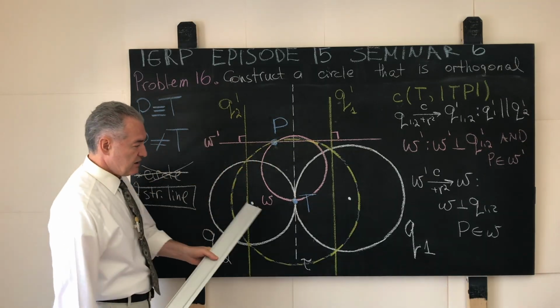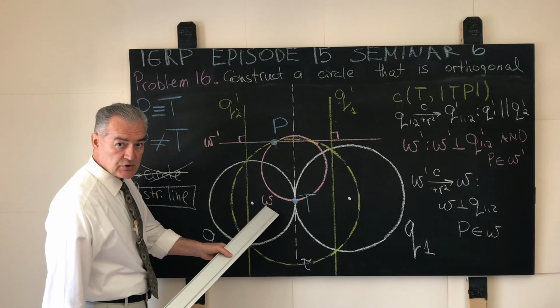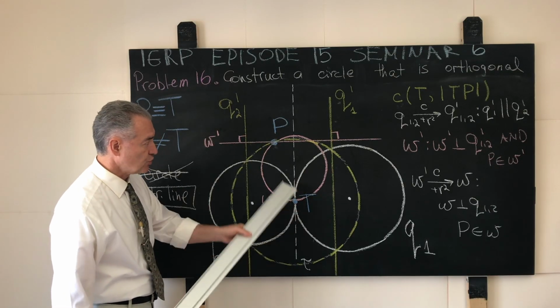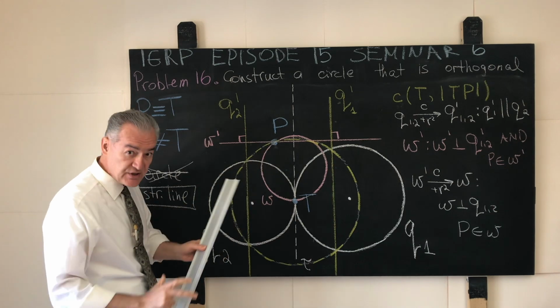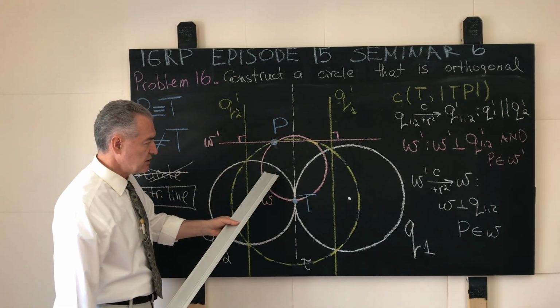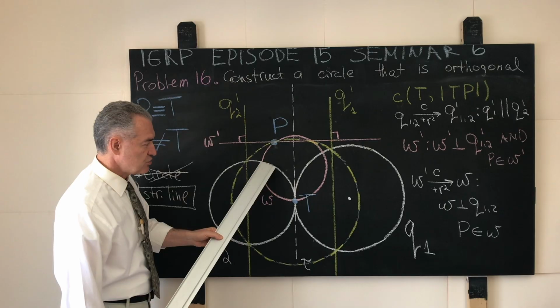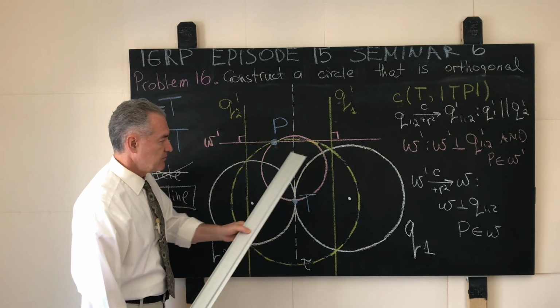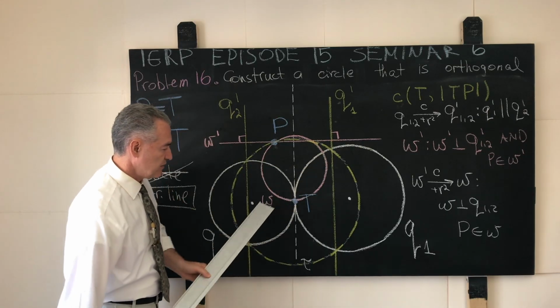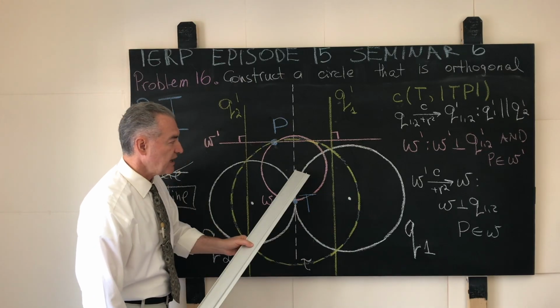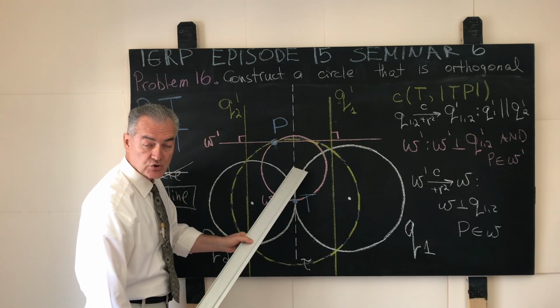Again, the solution circle W that is orthogonal to two given input circles and passes through the point P will breathe. Somehow it will change, but I encourage you to pay attention to these points right here, because these points I connected with the centers of the input circles and the center of the solution circle.